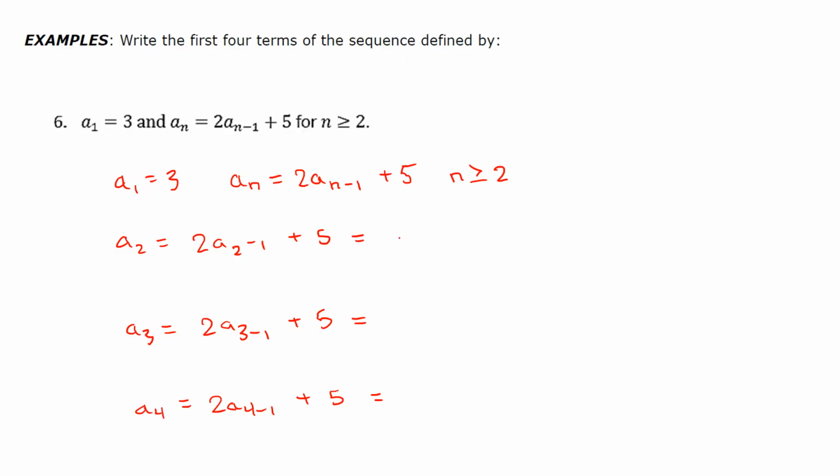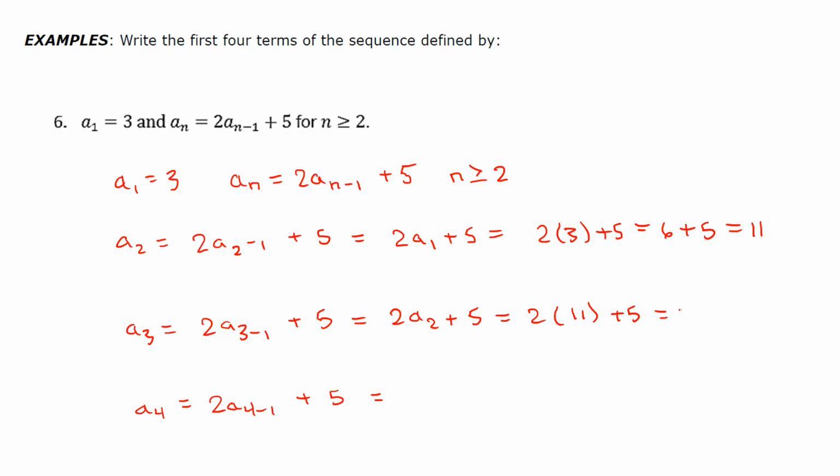So for a subscript 2, we'll have 2 times a subscript 1 plus 5. So that will be 2 times 3 plus 5, which is 6 plus 5, which is 11. Then for a subscript 3, we'll have 2 times a subscript 2 plus 5. So that's 2 times 11 plus 5, which is 22 plus 5, which is 27.